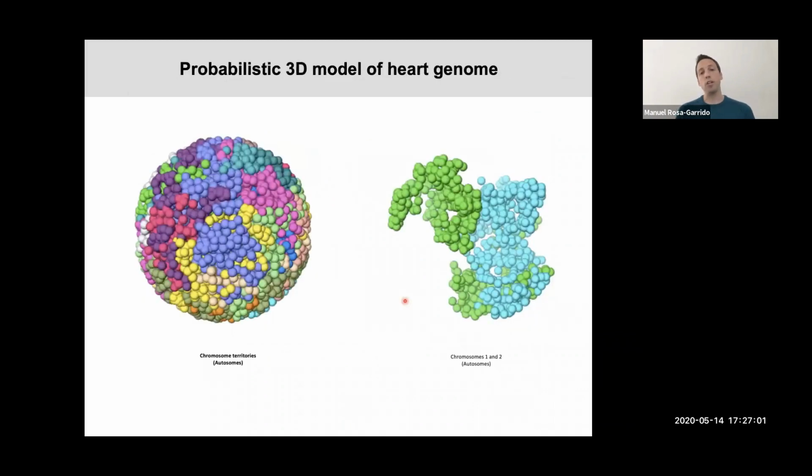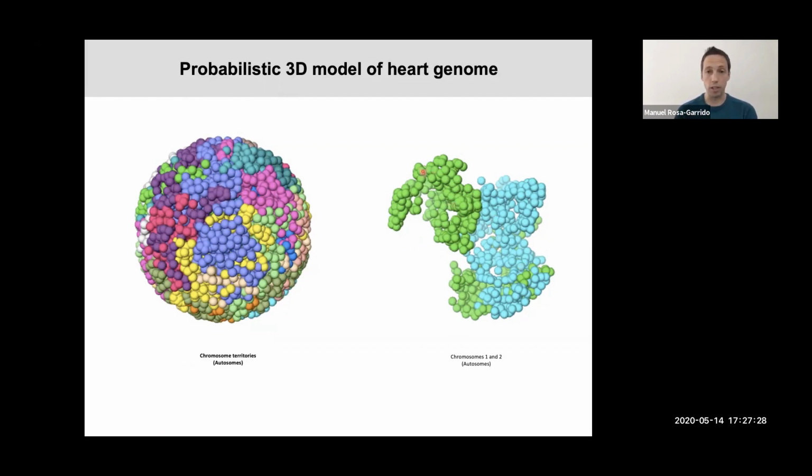Finally, another thing that I would like to mention is that all this Hi-C data that we generate can be used to generate probabilistic 3D models like this one, where each of these spheres represents one of the TADs that conform the different chromosomes. Here I'm showing you the entire genome, and here only chromosomes 1 and 2.